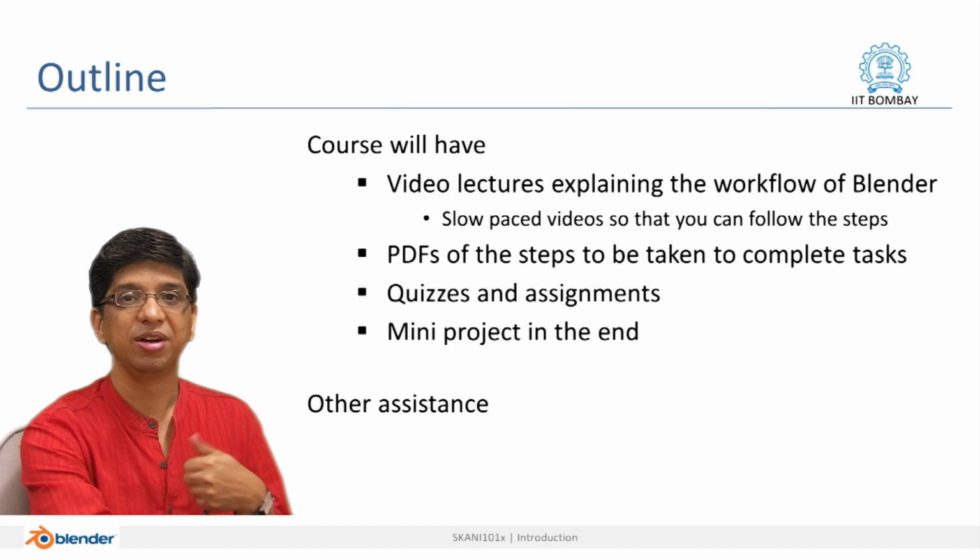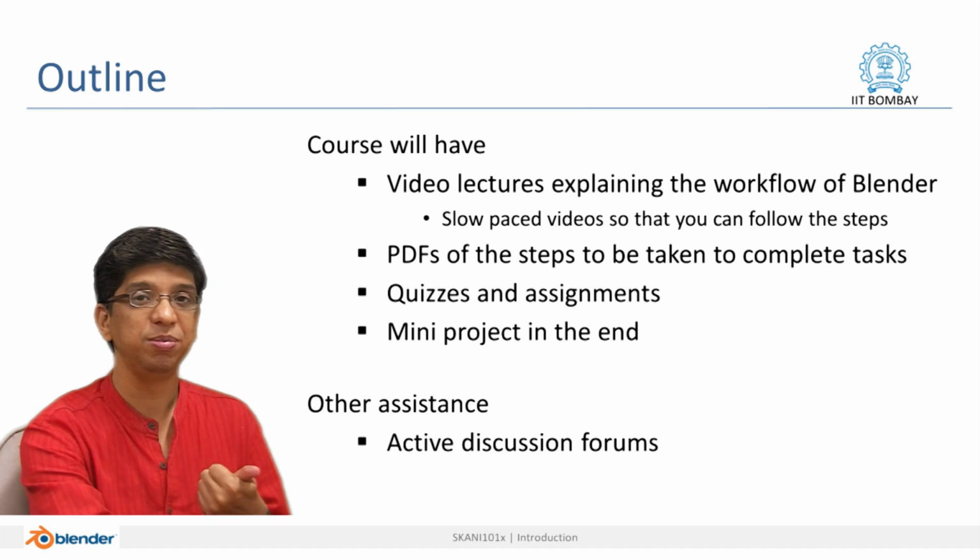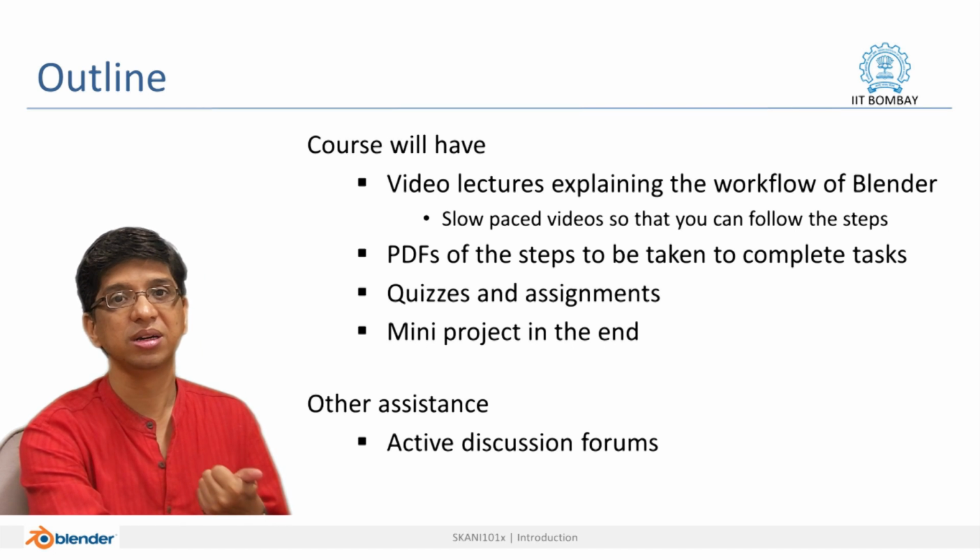What is the level of assistance offered? We would definitely have a very vibrant discussion forum. We have a team of around 25 to 50 volunteers available all the time in order to answer your queries. So, keep posting on discussion forums for any type of queries you have.